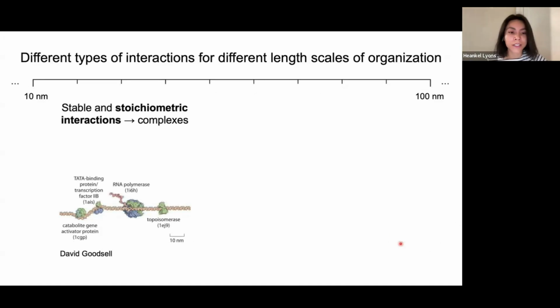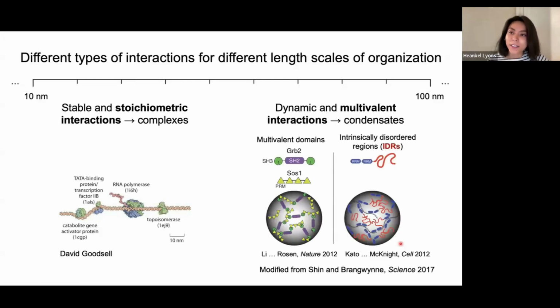And so we've learned this in college, in high school, how protein subunits interact with each other in very specific ways to form complexes. But at a higher length scale, multivalent interactions become relevant to organize these complexes in condensates.